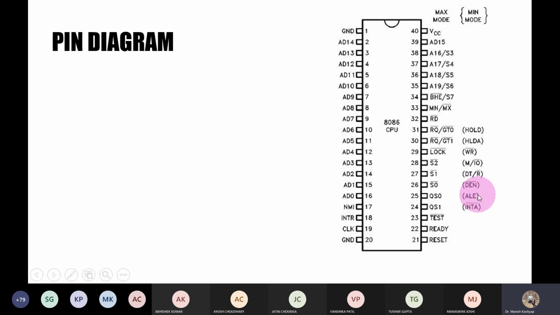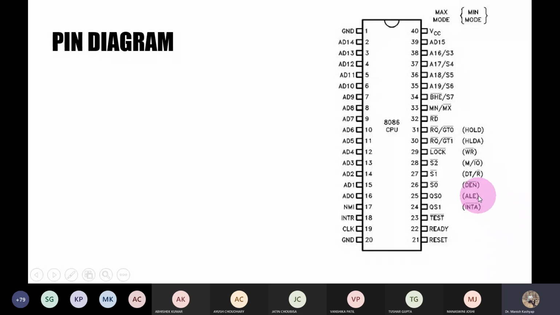So for that purpose, this ALE pin is used. When this ALE pin is activated, the three additional bytes of memory that you have externally to this microprocessor, which are already connected to these address lines, will latch that address, and that address can be used further in the T2, T3 and T4 cycles and so on of that particular system.